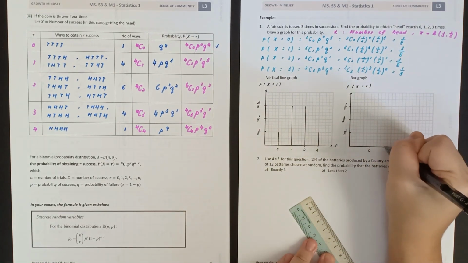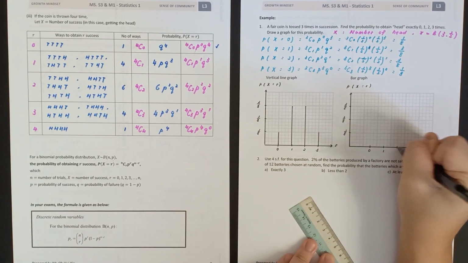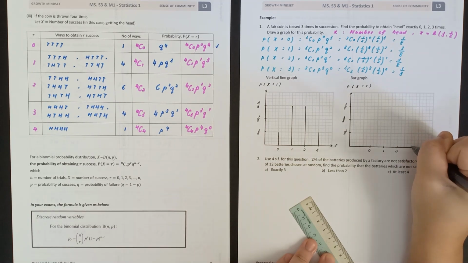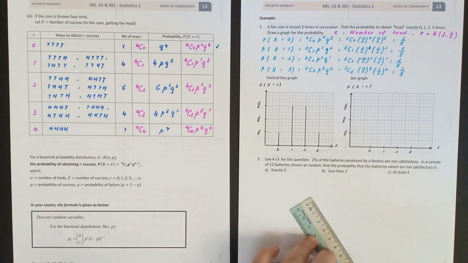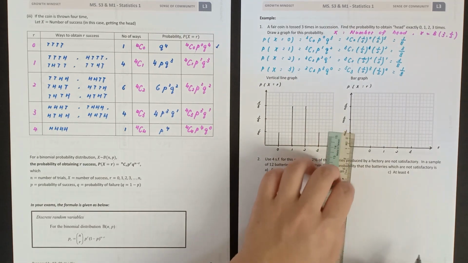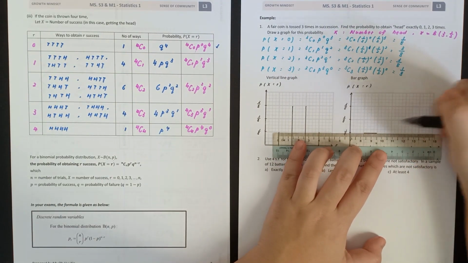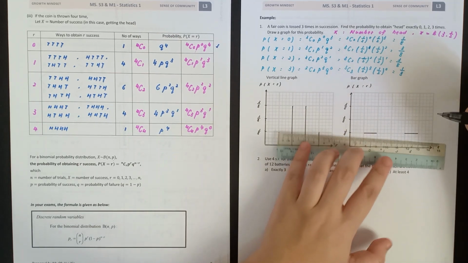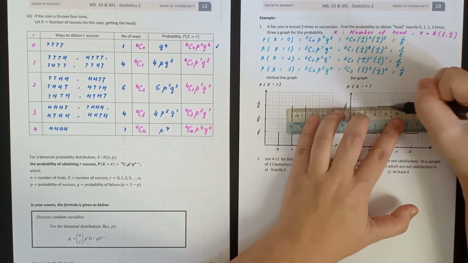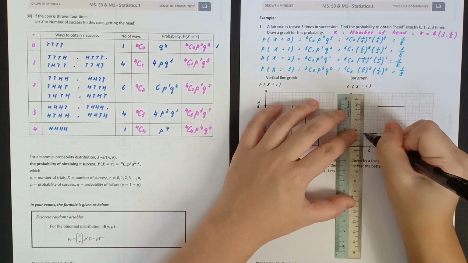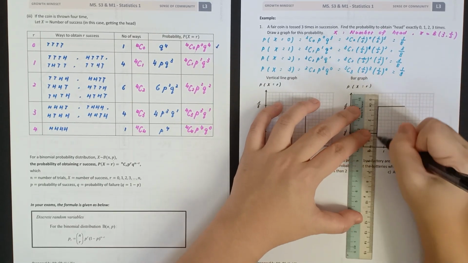So both can be accepted, but normally we try to draw it without any space. So it will be 1 over 8, this is 1 over 8 also, and 3 over 8, 3 over 8.